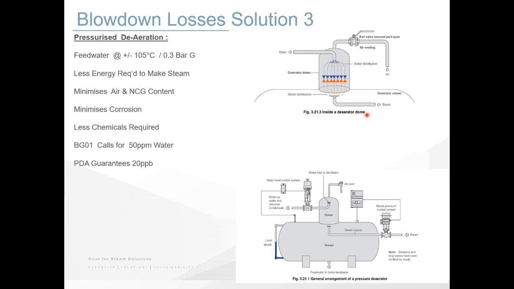Again, it's all reducing the cost of chemicals and fresh water that you need to introduce into your boiler. It also minimizes air in the system. Air is a barrier to heat, so you want as little air as possible in your system, because air and condensate mixed also encourage erosion. So you want to limit the amount of air that's in there, and the deaerator is one way to do it.